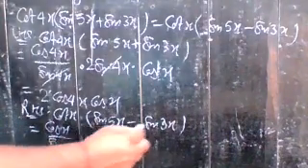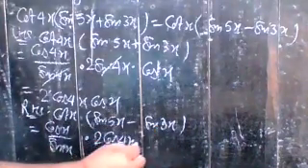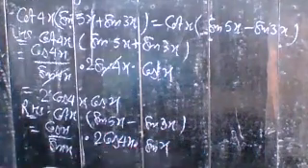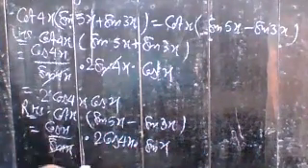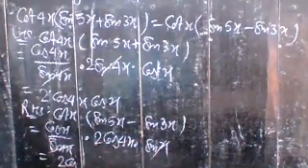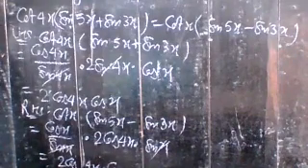So you have cos 4x into sine x. Sine x and sine x are cancelled out, and you have the result 2 cos 4x into cos x.